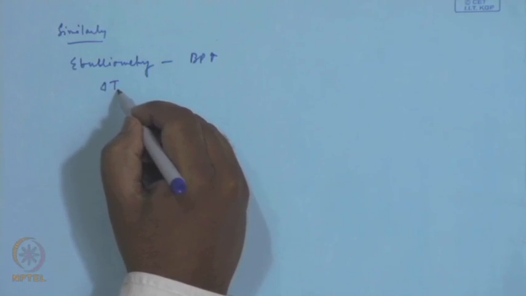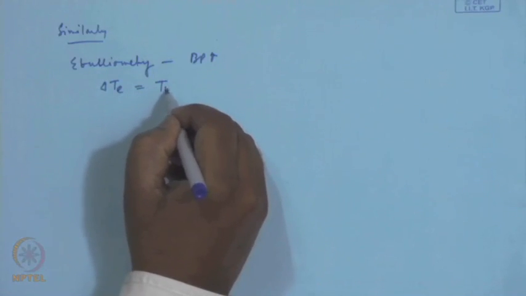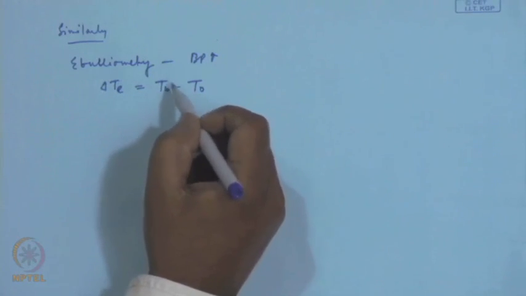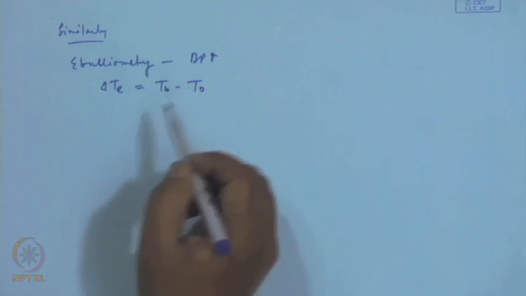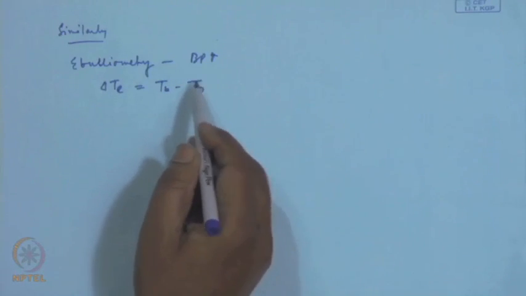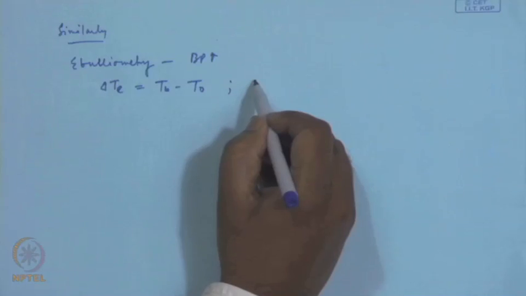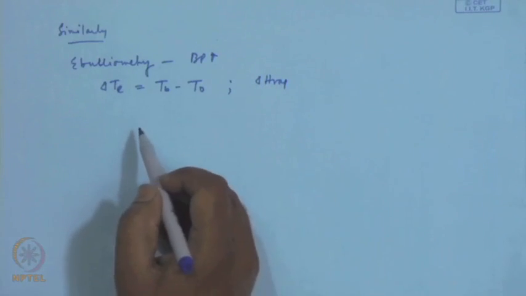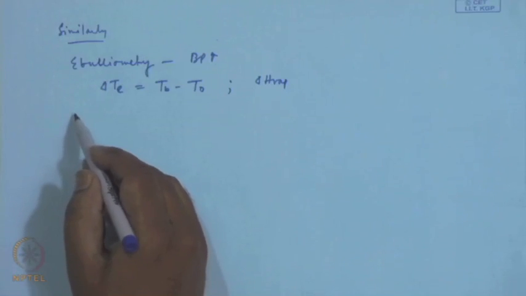delta T E is T b minus T 0, where T b is the boiling point of the solution and T0 is the boiling point of the pure solvent, and here we require the value for delta H, the molar heat of vaporization.